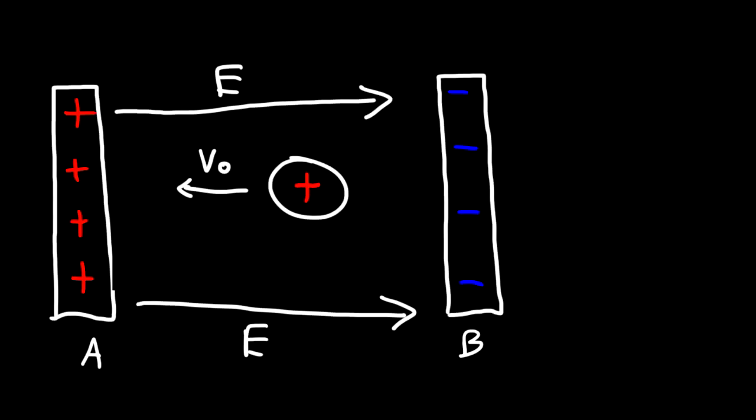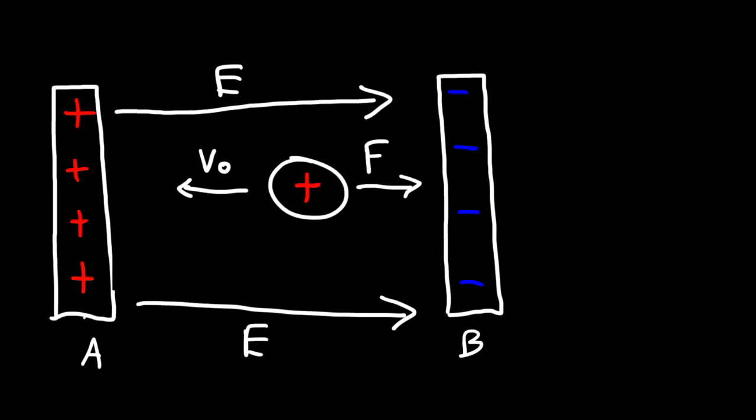Now, what can you say about the work done by the electric field on this charge? At this instant of time, as it moves initially to the left, the electric field still exerts a force that is parallel to itself. So the electric force acting on this charge is still directed towards the right.